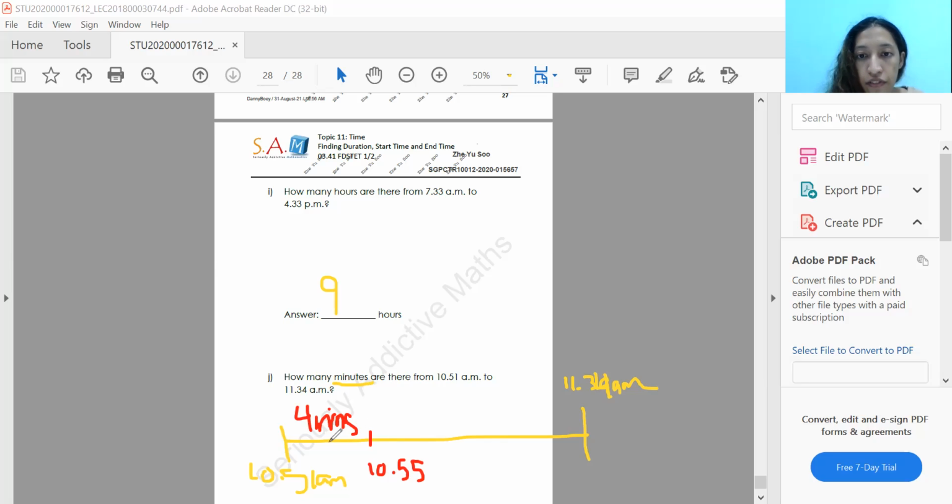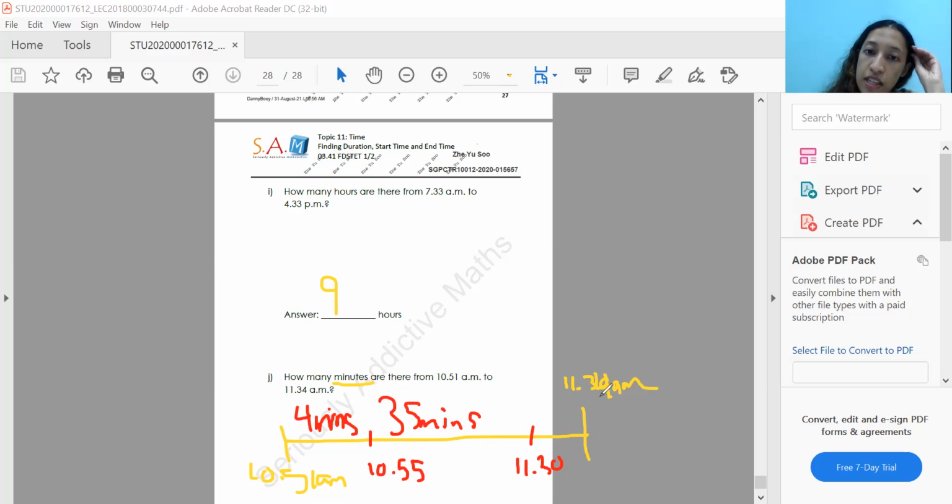And then 10:55, let's do 11:30. So 10:55, 11, 11:05, 11:10, 11:15, 11:20, 11:25, 11:30. 35 minutes over here. How did I get 35 minutes? 5, 10, 15, 20, 25, 30, 35. We count in fives. Okay, 35 minutes.